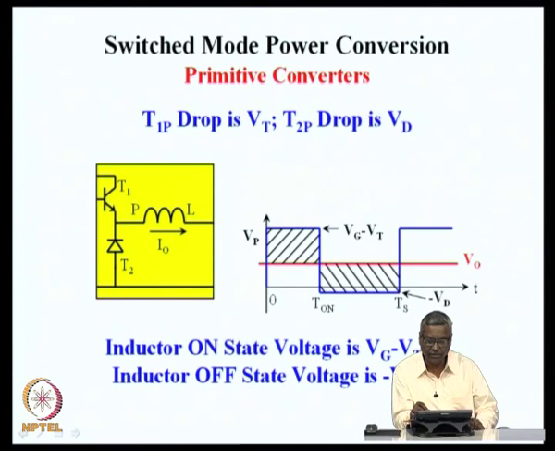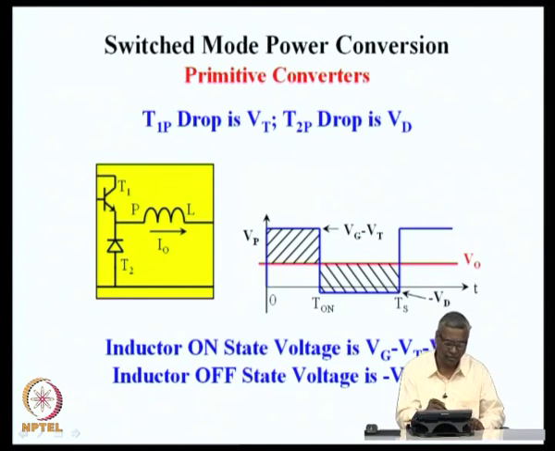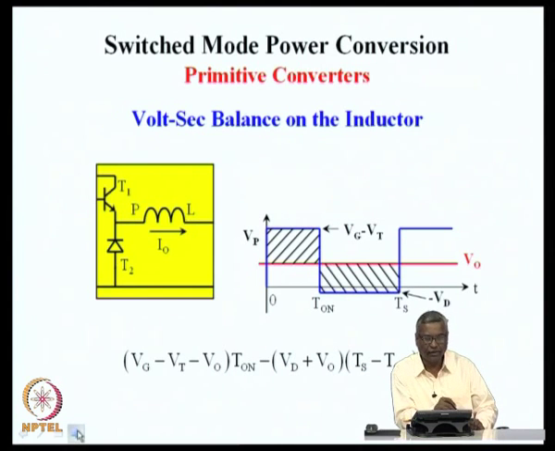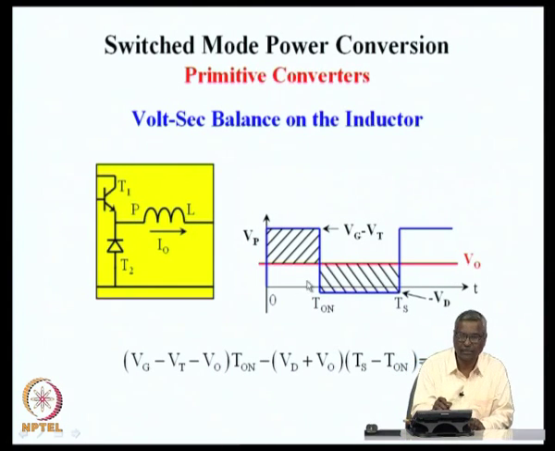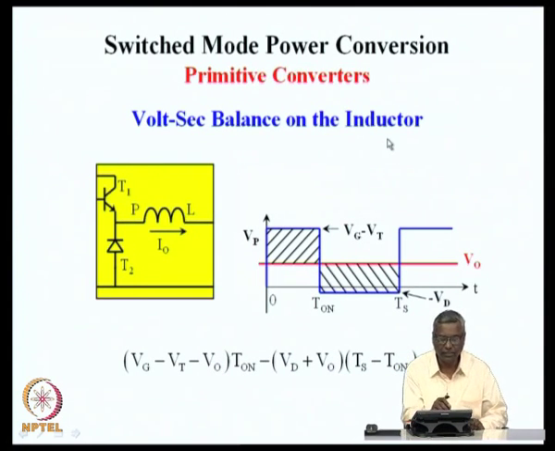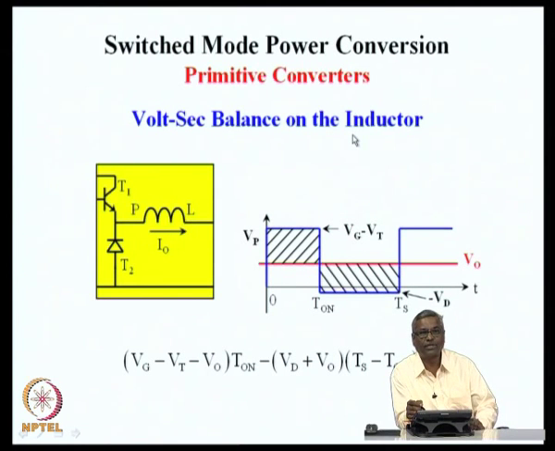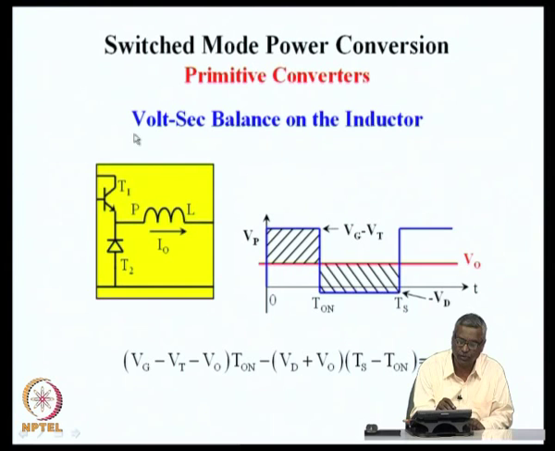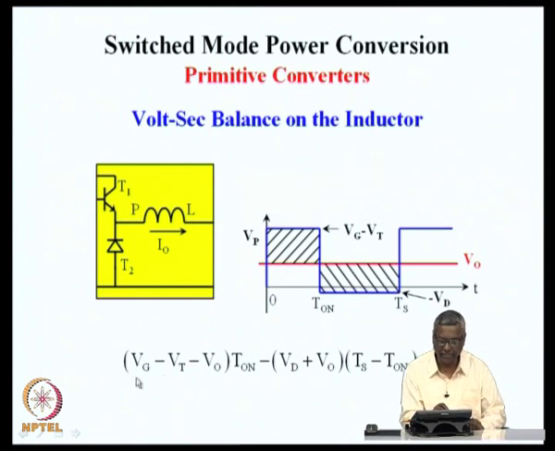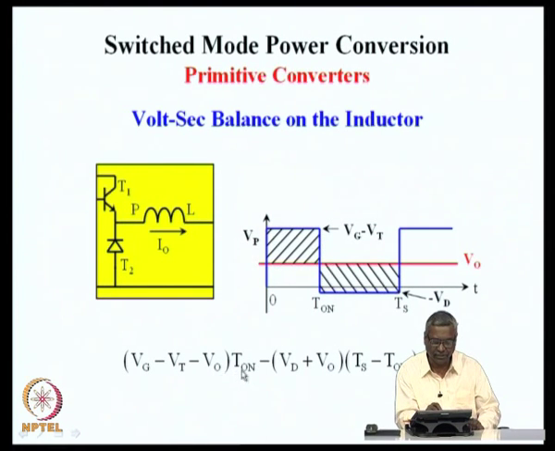Off state voltage is minus Vd minus V naught, and with this we can recalculate the volt second balance on the inductor. This volt second balance is nothing but the average voltage across the inductor in one cycle. That is also referred to as volt second balance, and when it is evaluated, it is Vg minus Vt minus V naught, which is this area of this hatched region, multiplied by T on.